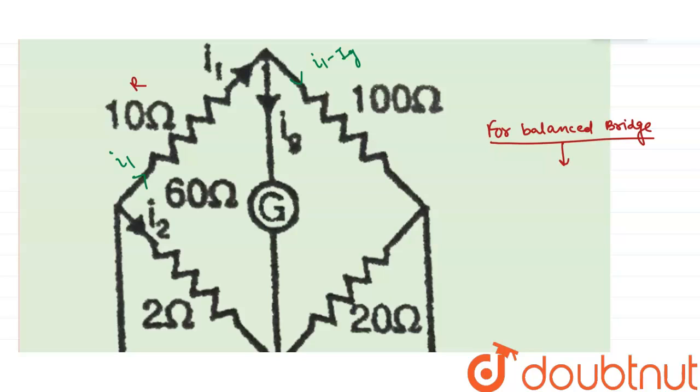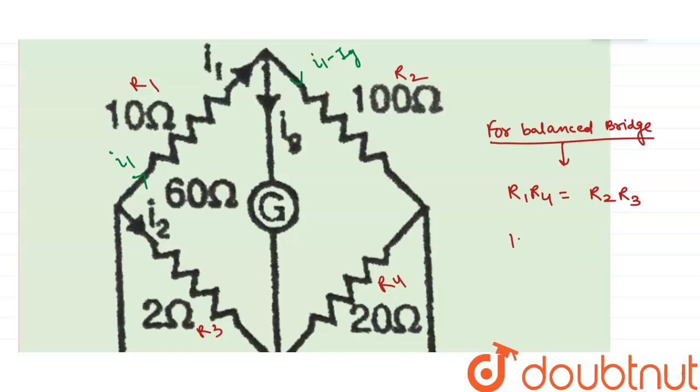Suppose this is R1, this is R2, this is R3, and this is R4. Now the parallel resistances are R1 and R4, and R3 and R2. That means the product R1 R4 is equal to the product R2 R3. This is the condition for a balanced bridge.